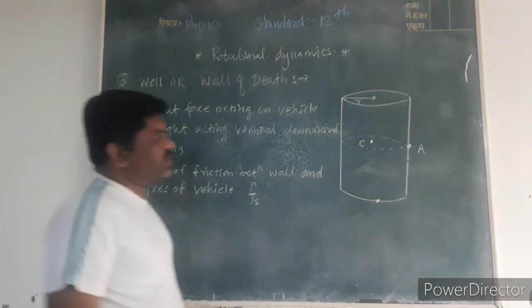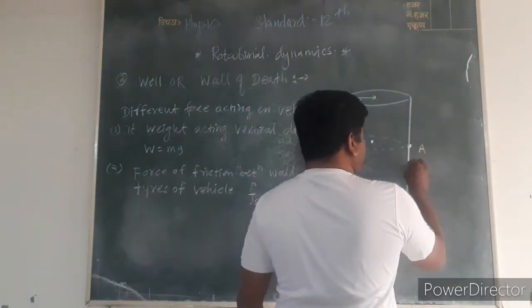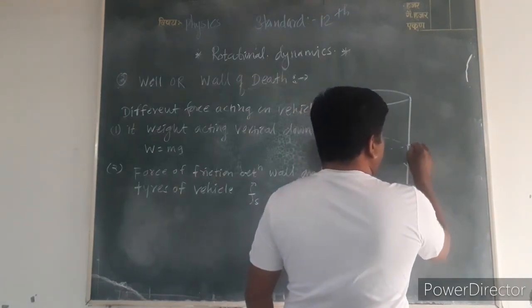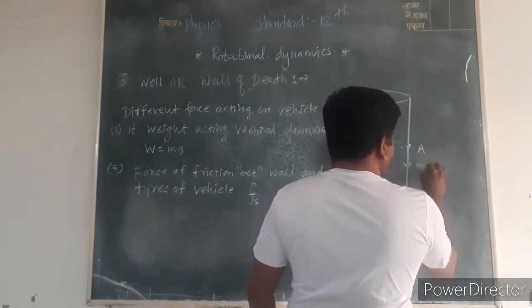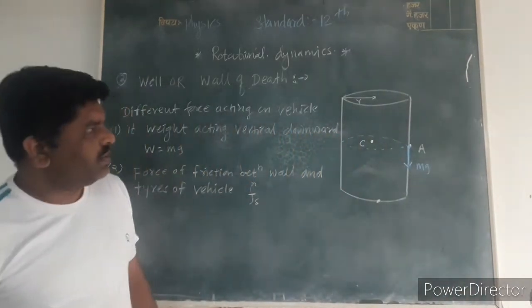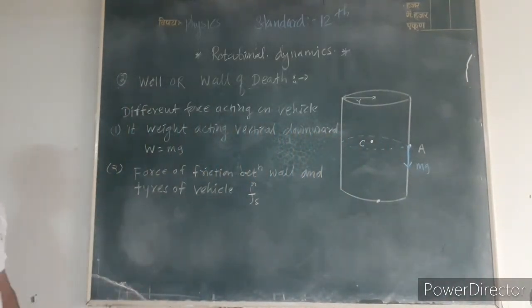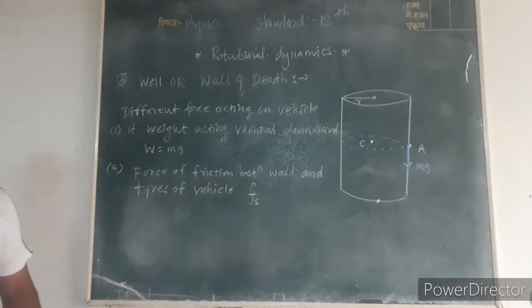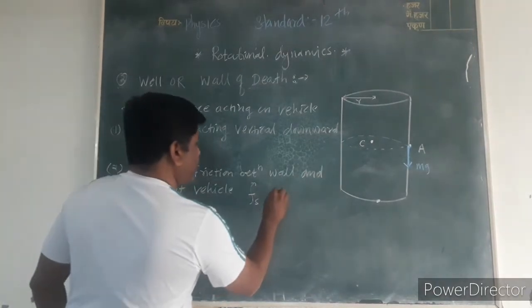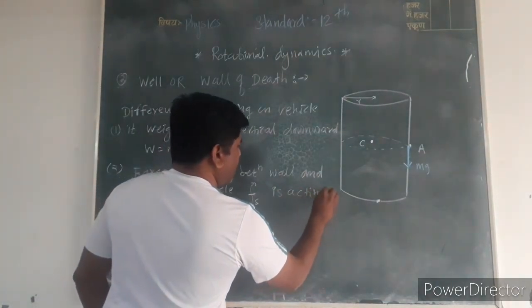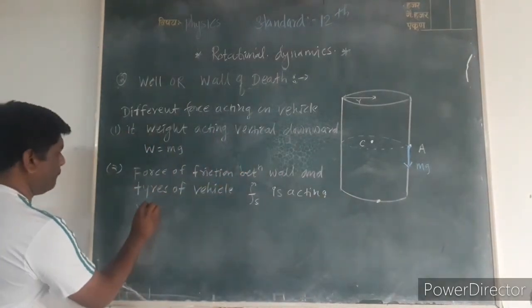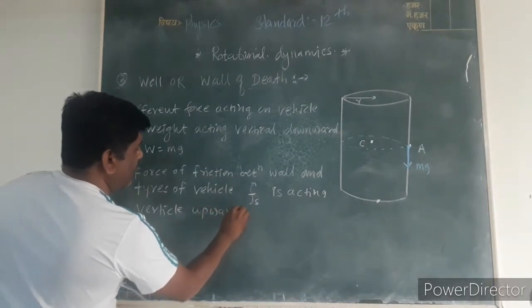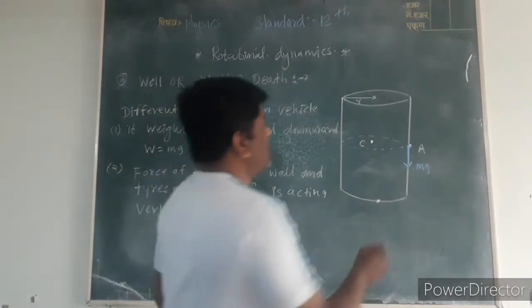Now, the weight of that vehicle acts vertically downward, and the force of friction between wall and tire of vehicle, Fs, acts vertically upward.